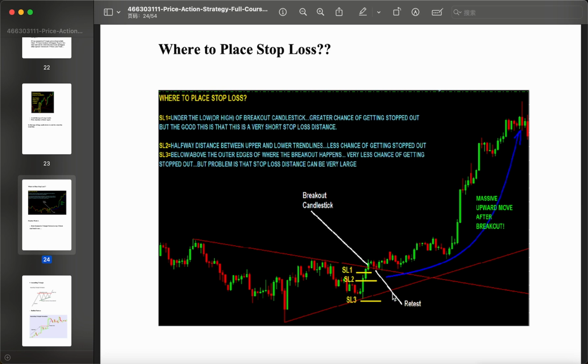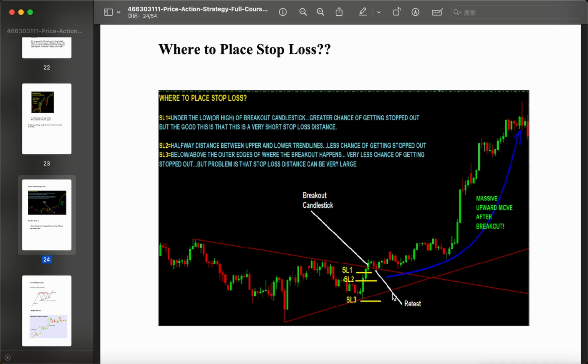So sometimes when you have an over-narrowed stop loss, what tends to happen is you increase your chance of getting stopped out. And so you may miss some of the major trend, because sometimes the price could go backwards, and then you lose the opportunity to trade a larger trend because you have a very tight stop loss.